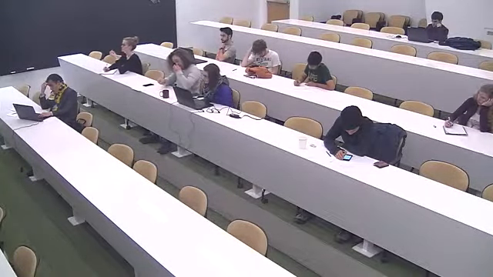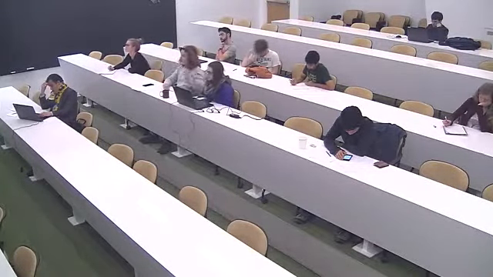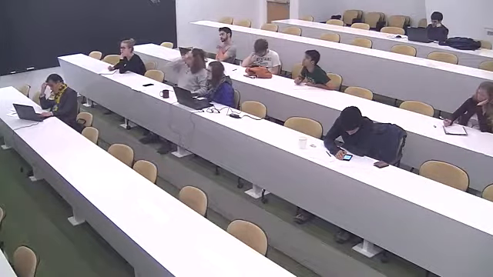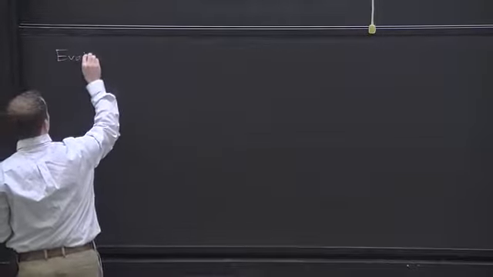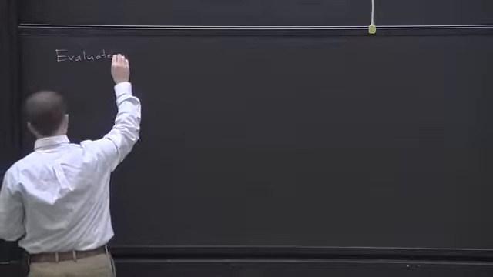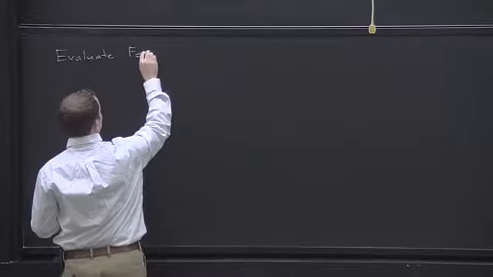So we are almost there. All we need to do to calculate the cross-section is evaluate the integral over the Feynman parameters, which I won't do on the board. I'll just go with the result. If you want to go through it, you can check the intermediate steps.